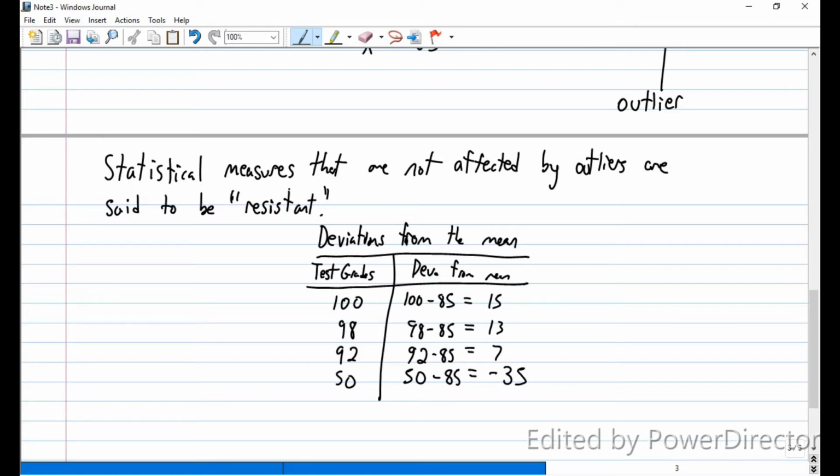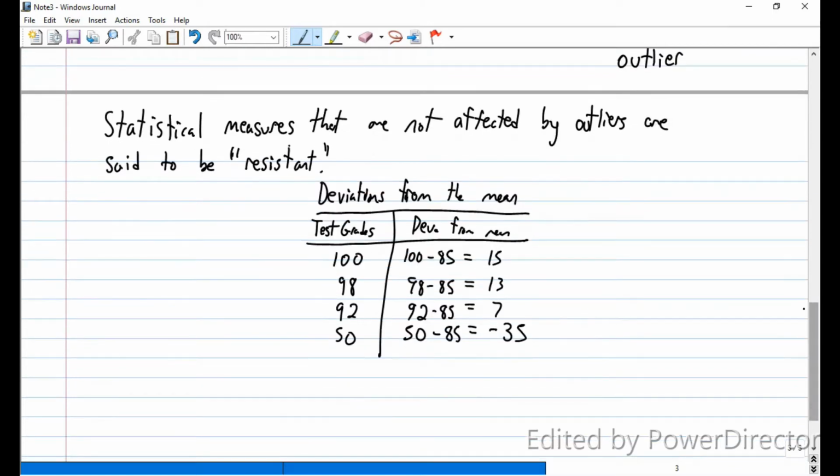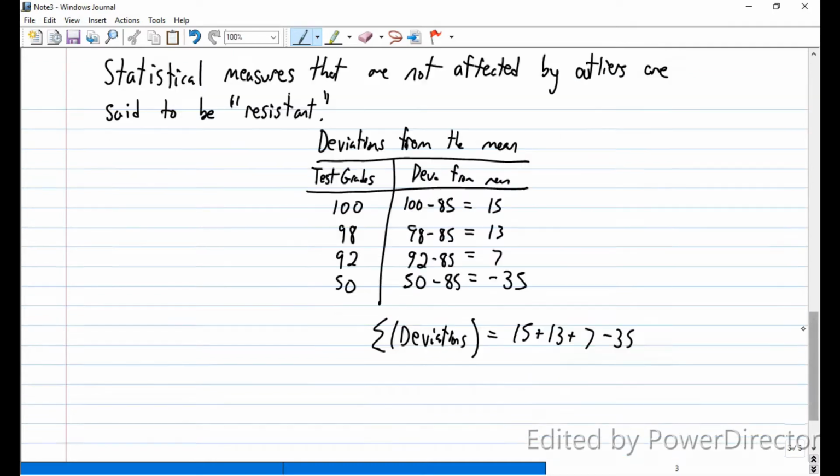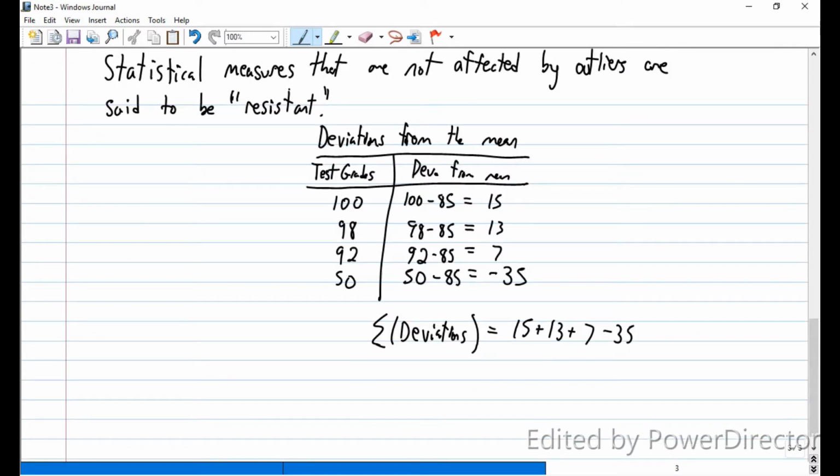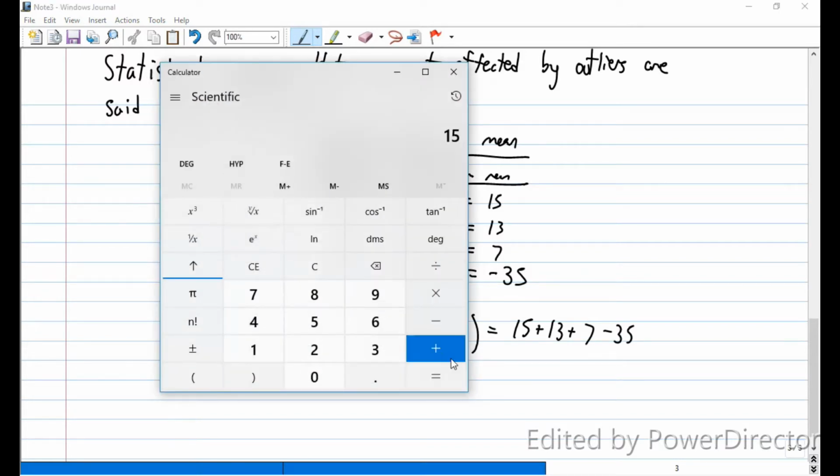Now, what do you think would happen if I took the sum of the deviations from the mean? That would be 15 plus 13 plus 7 minus 35.